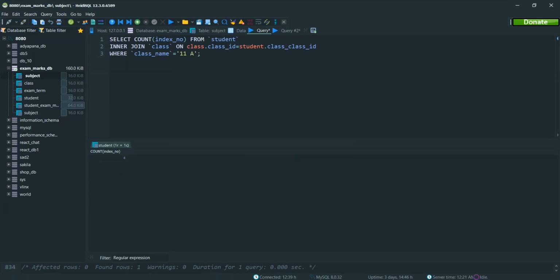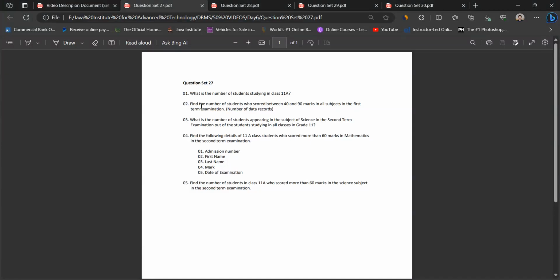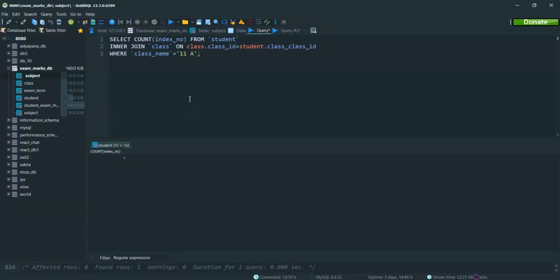So to the next question, find the number of students who scored between 40 and 90 marks in all the subjects in the first term examination. So here, I forgot to mention, I've used a count function to get the number of records, or number of a certain figure.